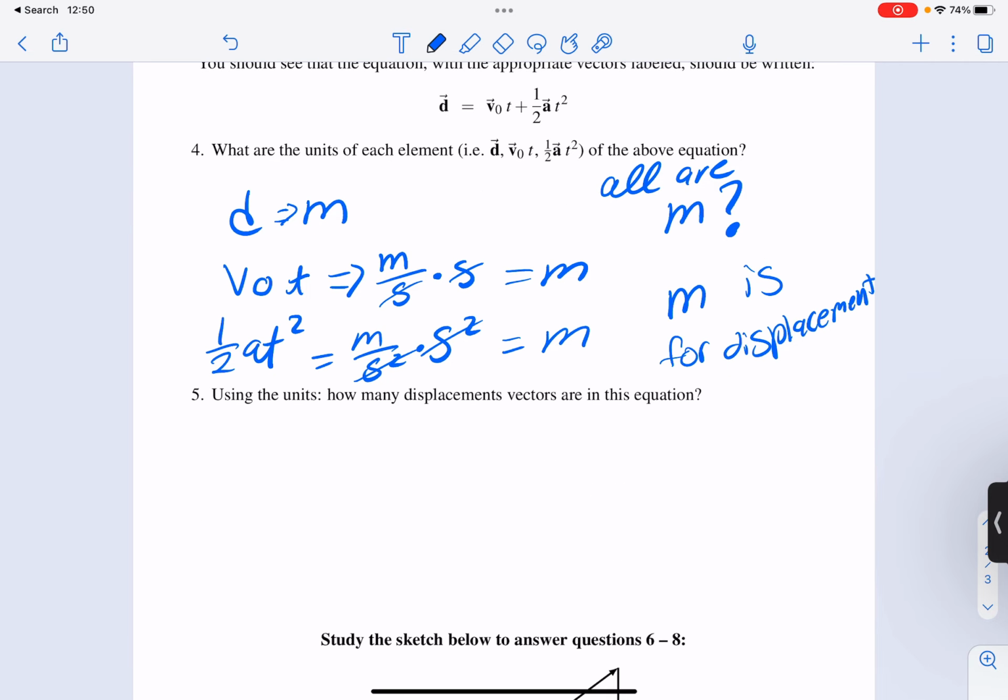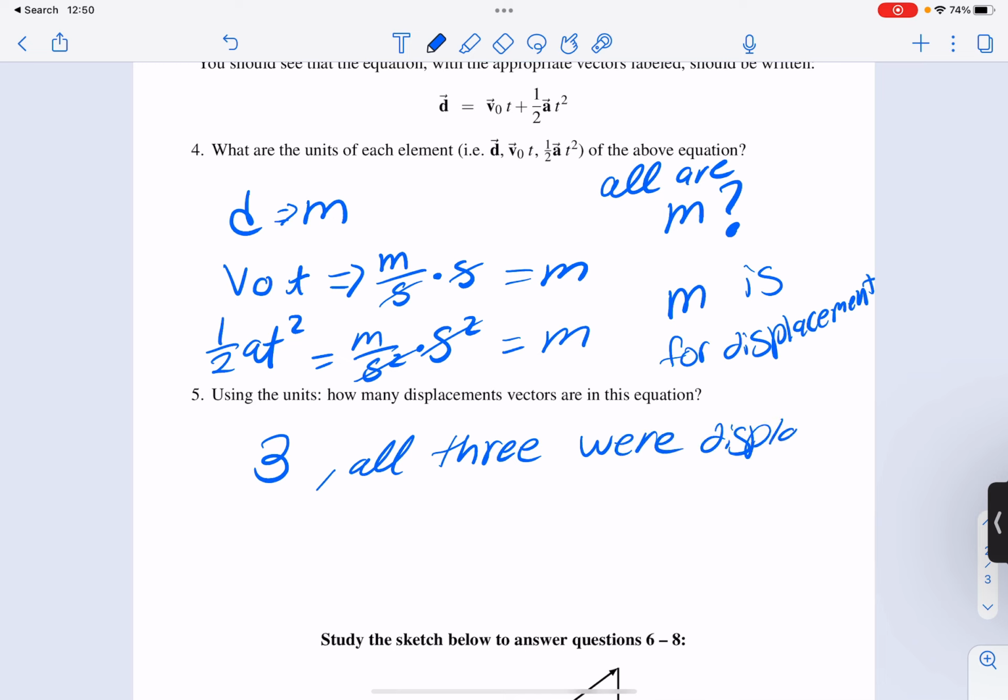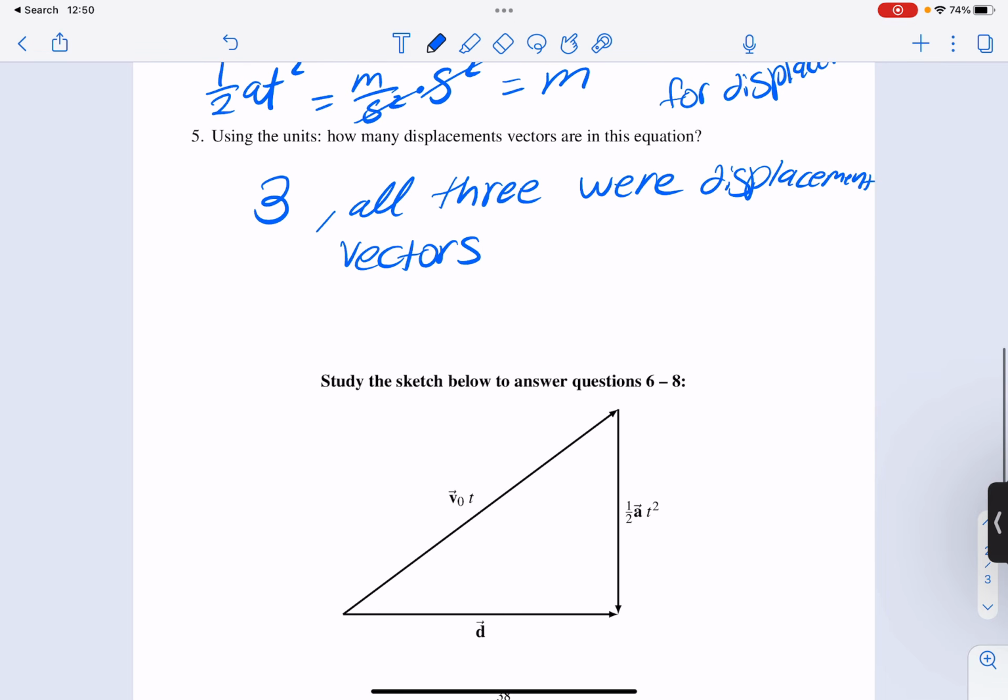Now, how many displacement vectors do we have? We have 3. All 3 were displacement vectors because they all ended up having the same units. So now if we were to do a head to tail, if we know that d equals v naught t plus half a t squared, let's practice our head to tail. v naught t.